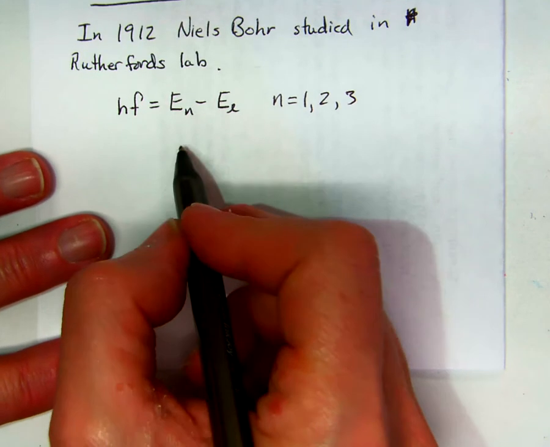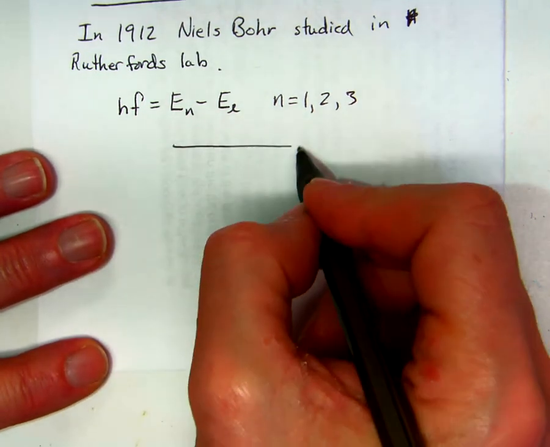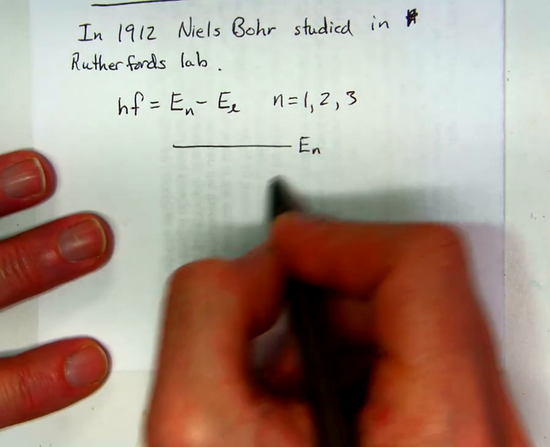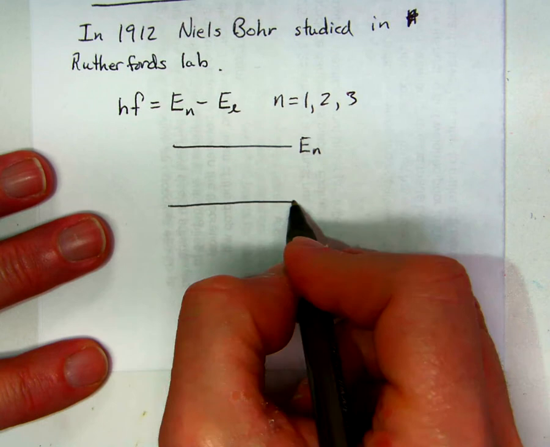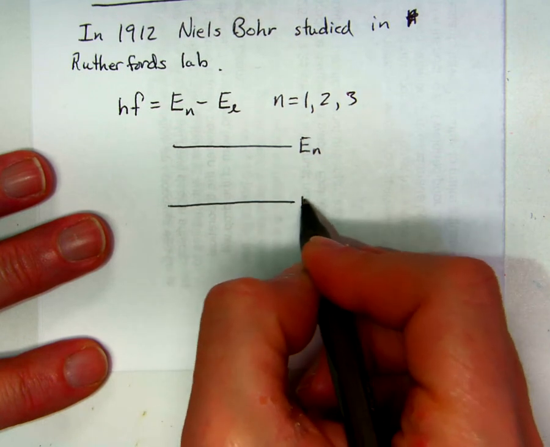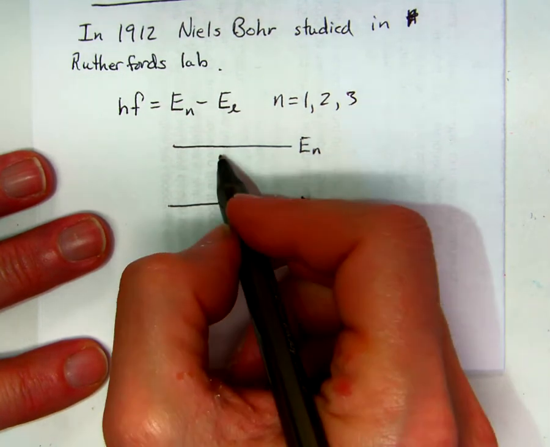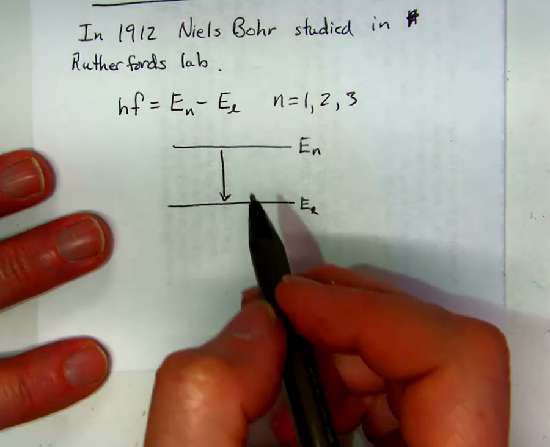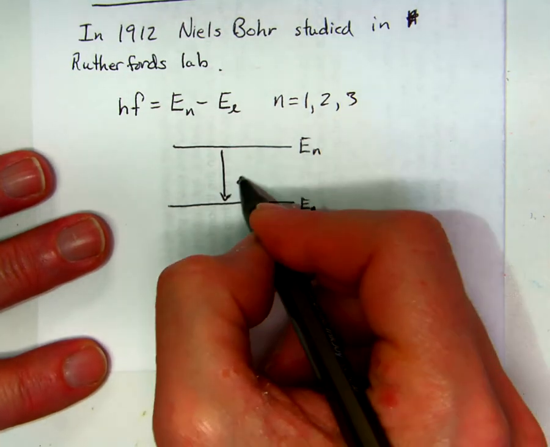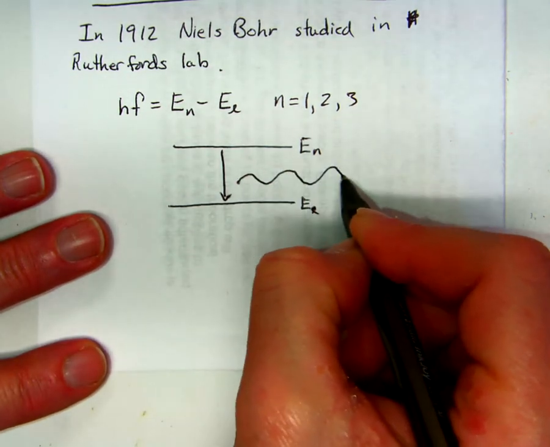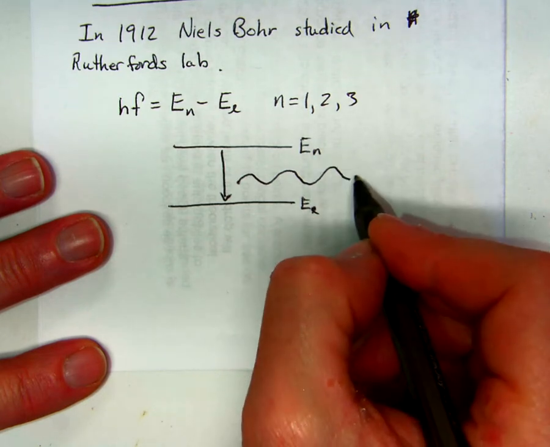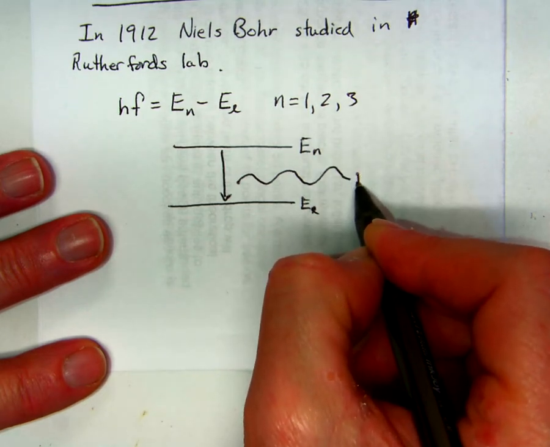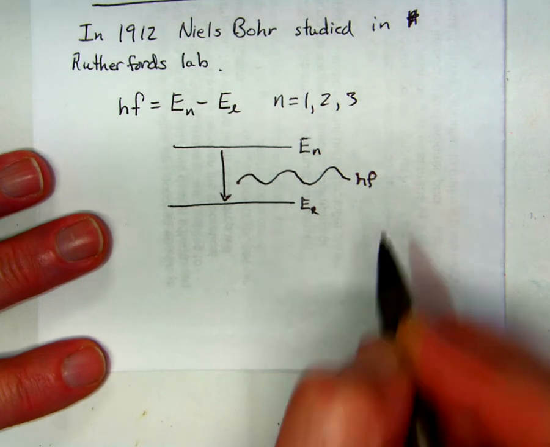So if I'm drawing the energy levels, here would be E sub n, here would be E sub L, and as the electron fell from there to there, if n is 1, this would give off a quantum of light with energy hf.